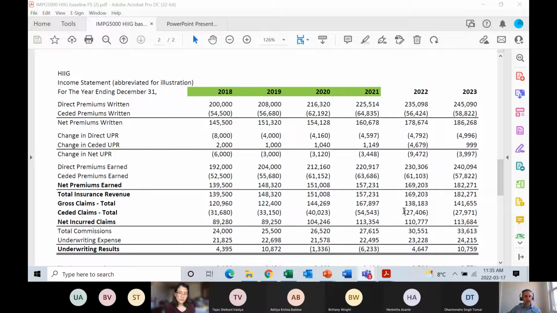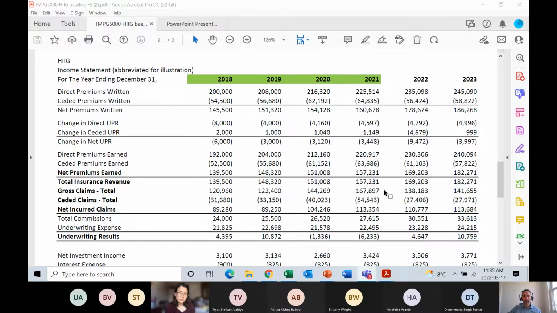And then the last item, when we look at the gross claims, and I didn't catch it from the comments from either group, I don't think, but it's related to potentially changing the mix of business.